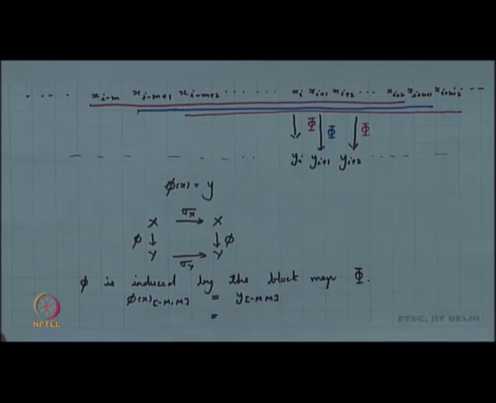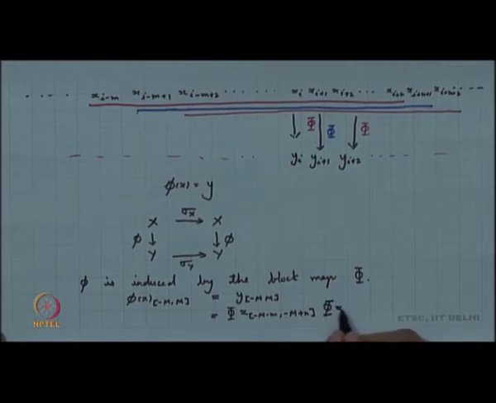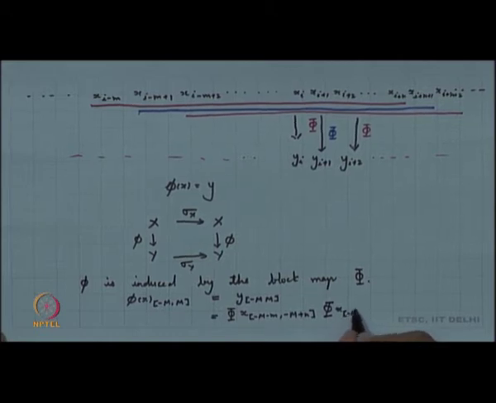So, this y is generated as, I have this block map phi acting on x from minus m to minus m plus n. Then I have phi x, this block generated from minus m plus 1 to minus m plus n plus 1.